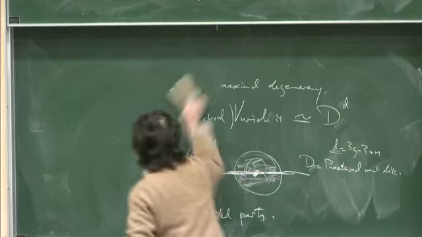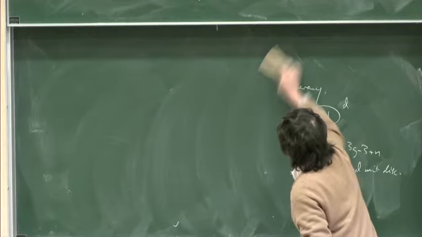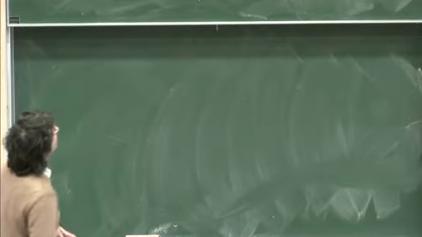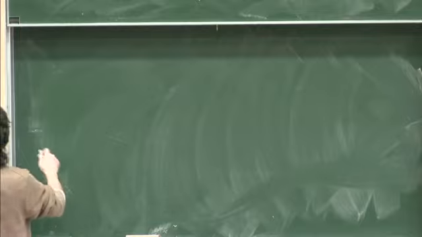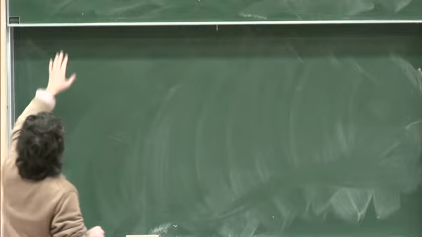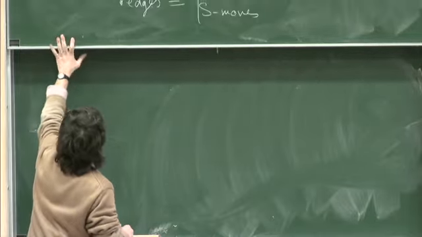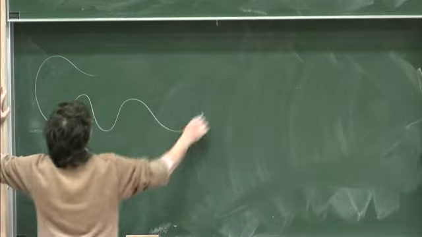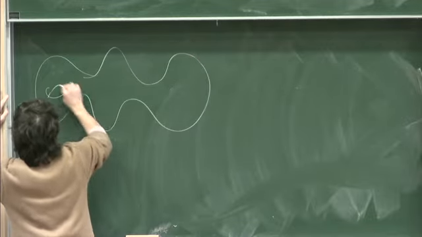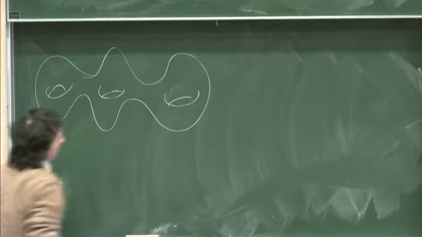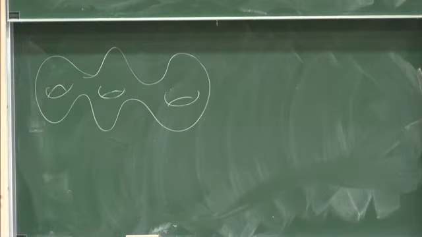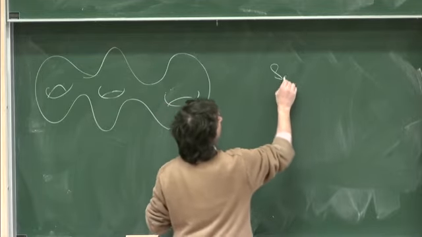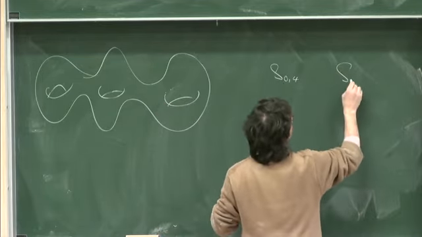So the A moves and S moves. These edges live on surfaces of modular dimension 1. So the surfaces of modular dimension 1 are just S_{0,4} and S_{1,1}.